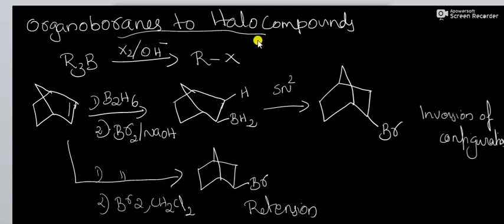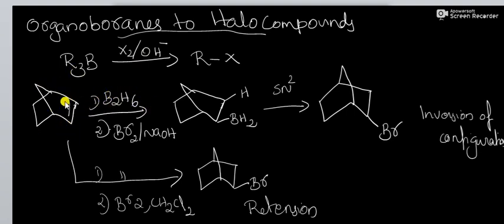Another application is organoboranes to halo compounds. When we add organoboranes to halogen in the presence of a base, it will be converted into halo compounds, RX. For example, this is our olefin.